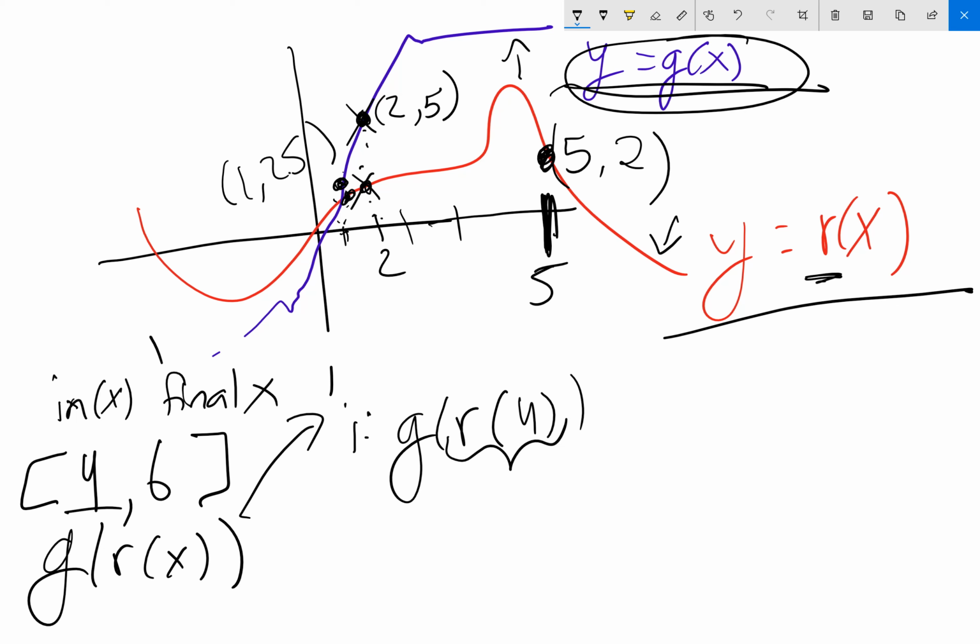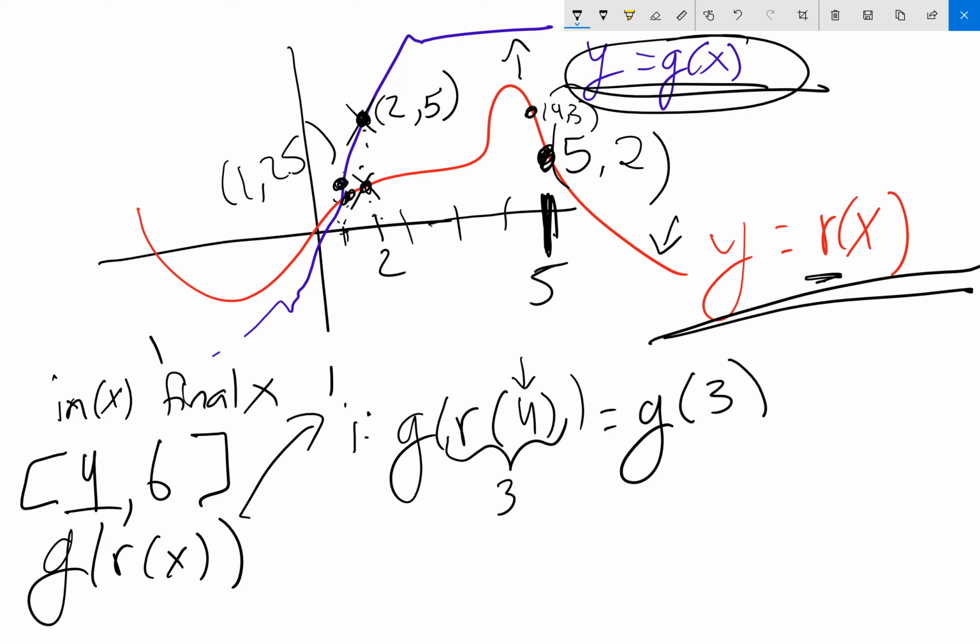So let's find r of 4 first. What is the output of the r function when the input is 4? If we look at our graph, we have the point 4, 3. So it's something around here, right? 4, 3. So this is 3. So now we're going to look for g of 3.